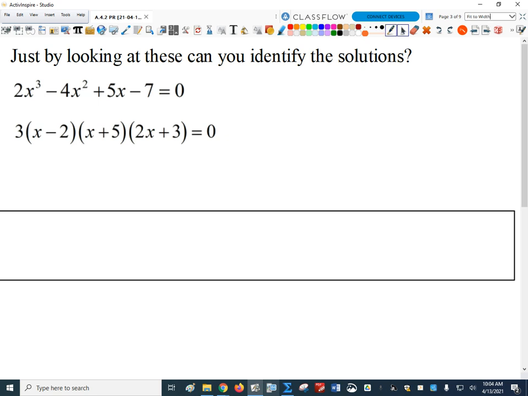We can't just look at that and see the answers. But the bottom one, we're going to be able to really quickly. How many factors are being multiplied together in that bottom equation? 3, actually 4. I know what you're thinking.